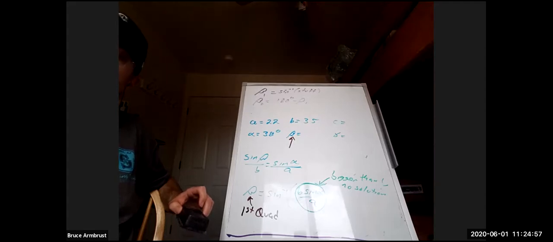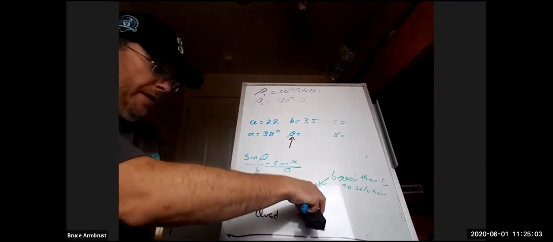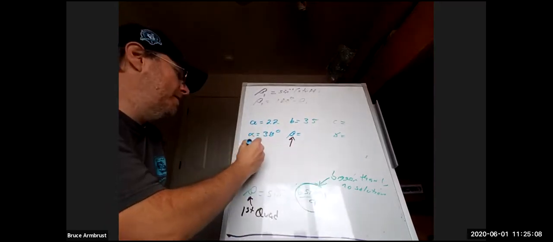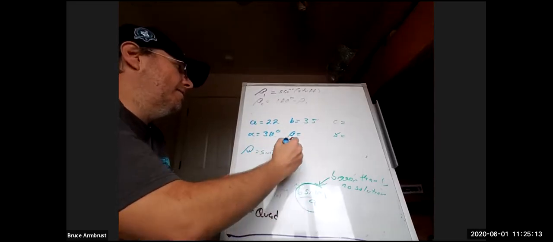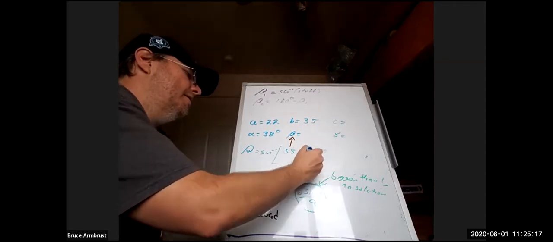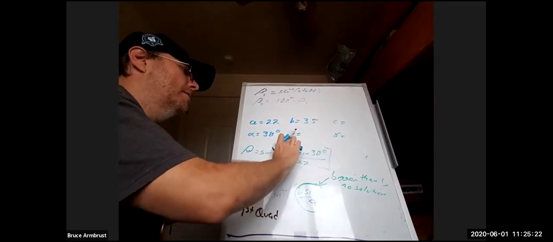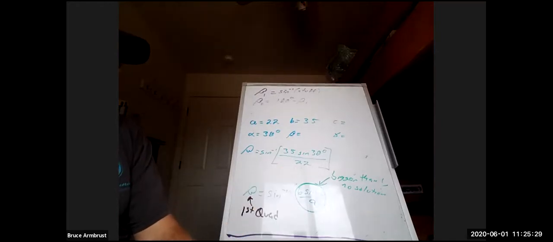All right, so we're going to plug in our numbers. So in this case, I'm going to go ahead and just jump down to this. We're going to have that beta is equal to sine inverse of 35 sine of 38 degrees divided by 22. So I'm just taking what we did generically and putting in the specific numbers.